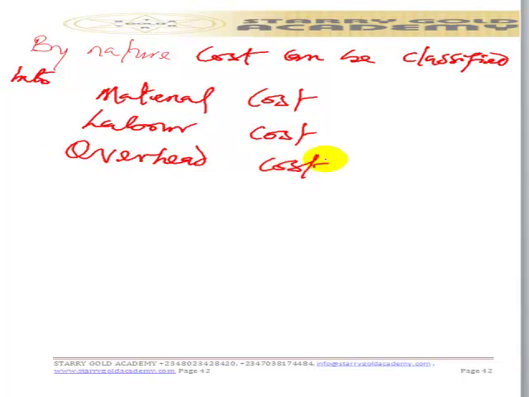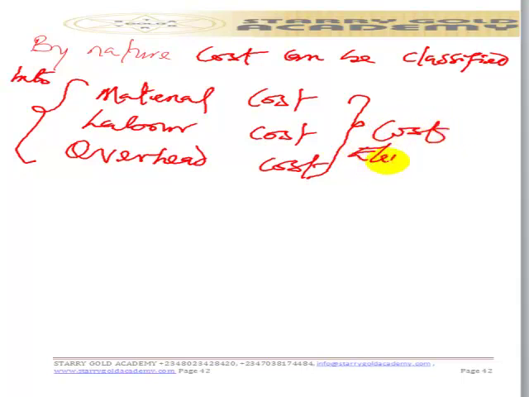So these are the fundamental elements that we'll be looking at. We will be discussing the material cost, the labor cost, and the overhead cost or expenses. But to avoid the tautology of saying expenses cost, we therefore make use of overhead cost. So these are the cost elements. We'll take this one after the other.